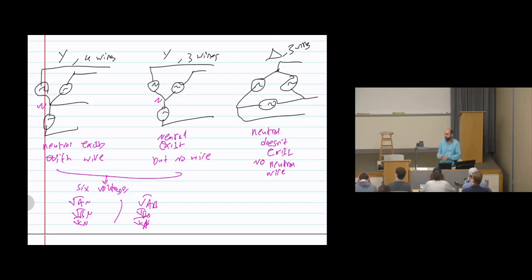Regarding the currents, the situation can be different. Here we have IA, IB, IC, and I neutral. Therefore, in 4 wires we have 4 currents, while in 3 wires we have only 3 because there is no neutral conductor.